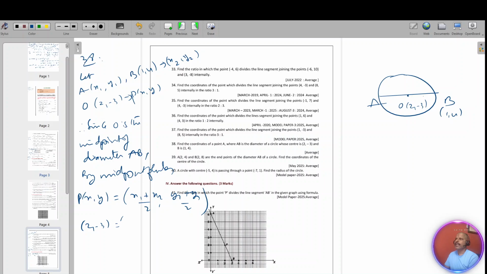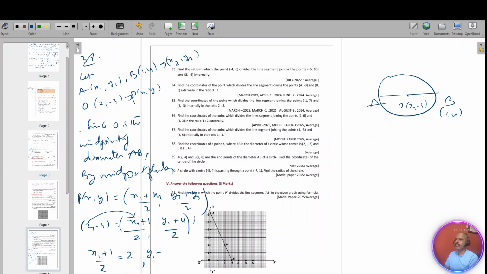So (x1 plus 1) by 2, (y1 plus 4) by 2. Now equate that, the x coordinate to the x coordinate. So x1 plus 1 by 2 equals 2. Cross multiply, x1 is 4 minus 1, which is 3.